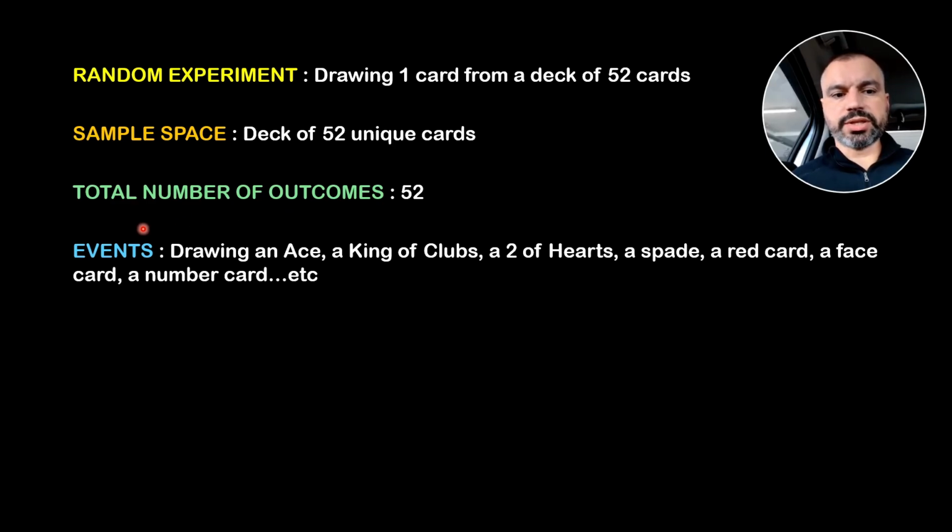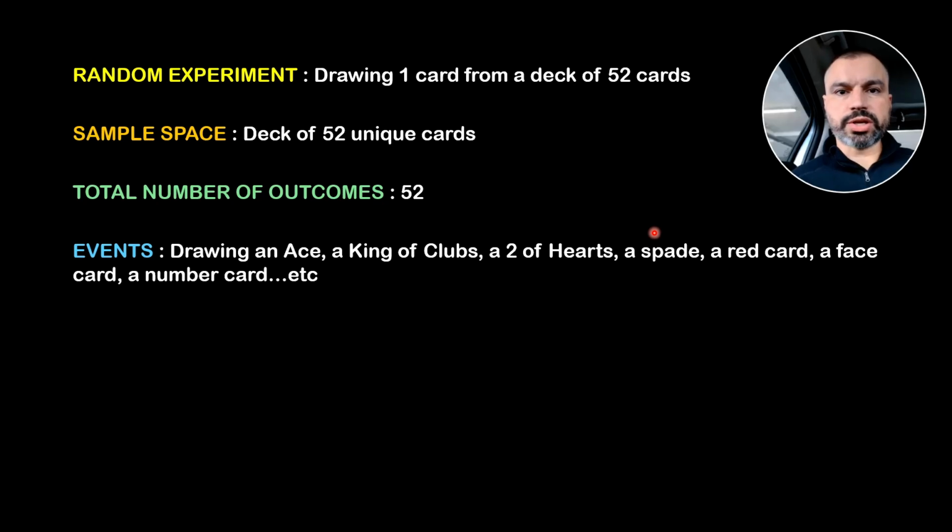Then we have events that contain more than one outcome. For example, drawing an ace without any symbol specified contains 4 outcomes, and it will occur whenever we draw one of the 4 aces. The event King of Clubs contains only one outcome because the card King of Clubs is unique. Same thing for a 2 of Hearts.